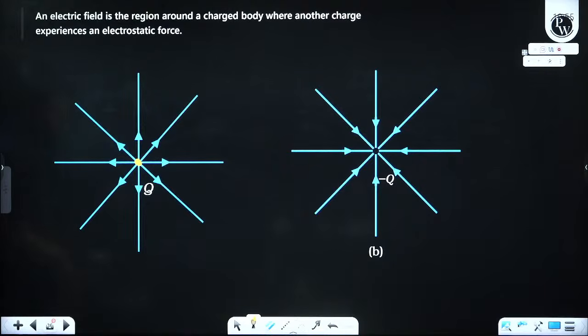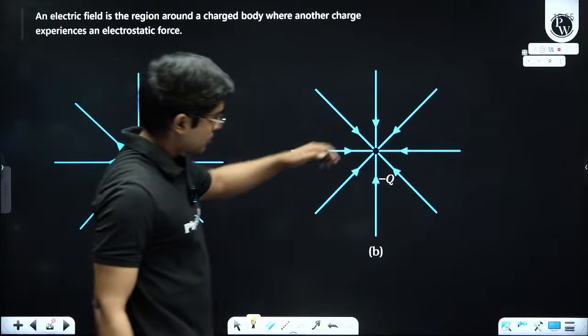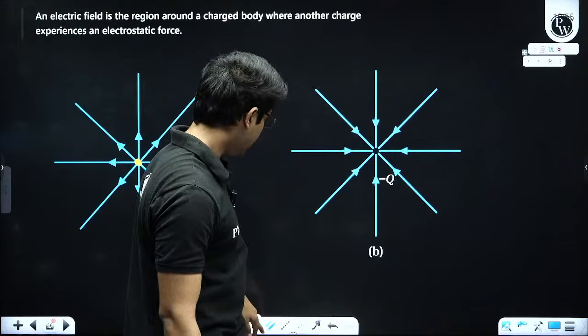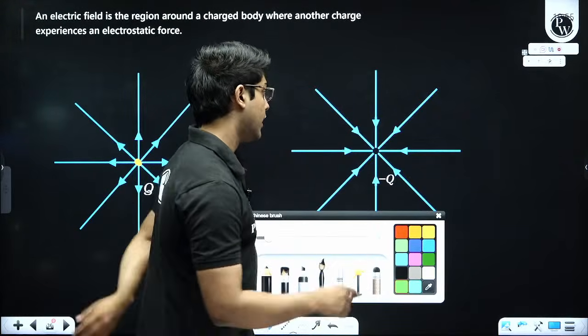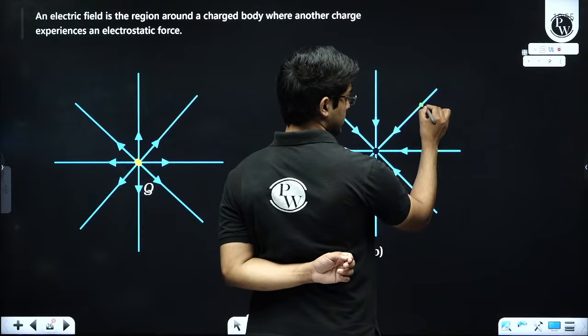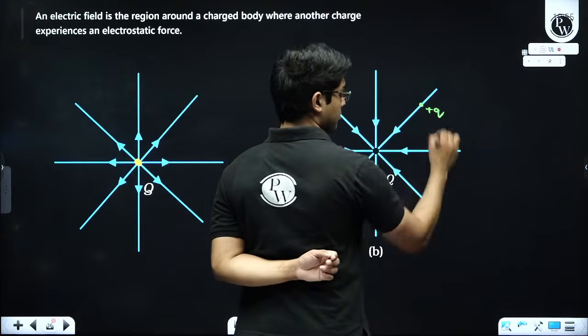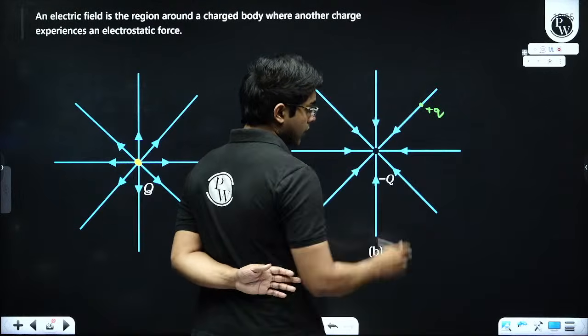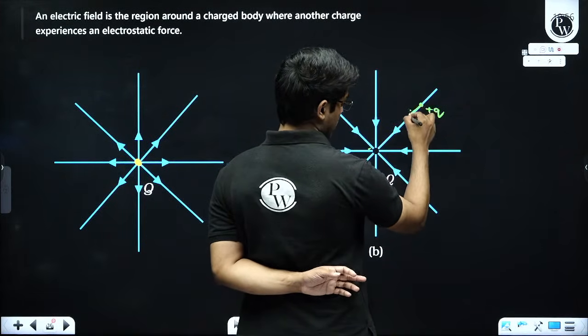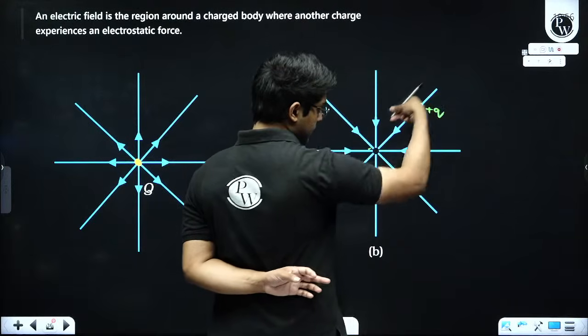For the negative charge, it's the opposite. It is radially inward. Why is it radially inward? Because how do we find the electric field? We place a positive charge at that point. Now this negative charge will attract the positive charge. That's why the field is in this direction.